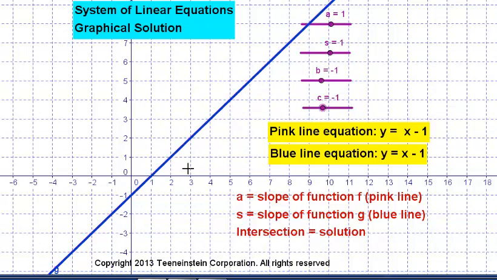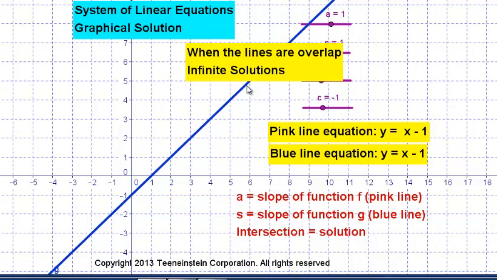When the y-intercepts are -1 and the slopes are equal, then the lines are overlapping. When they are overlapping, there are infinite solutions available. So they intersect at more than one point. Many points they are intersecting. All the points are intersection points. So we call it infinite solutions.